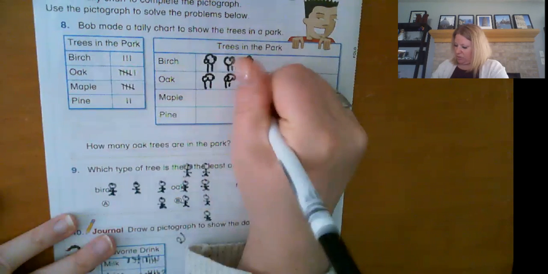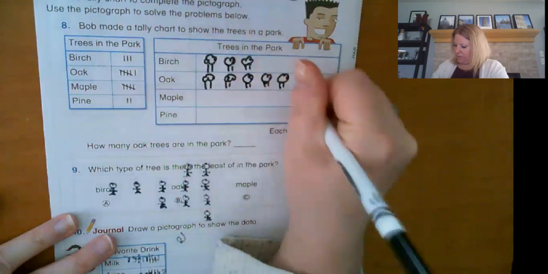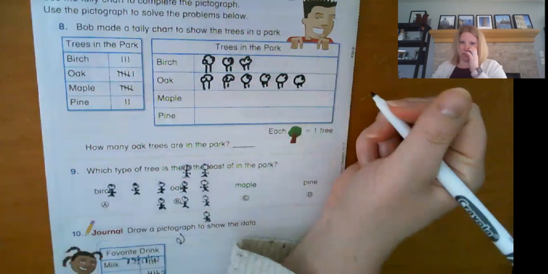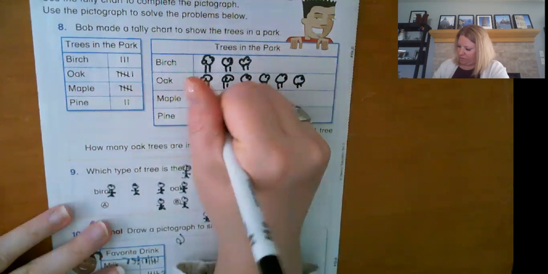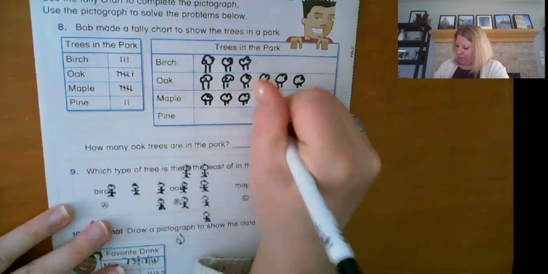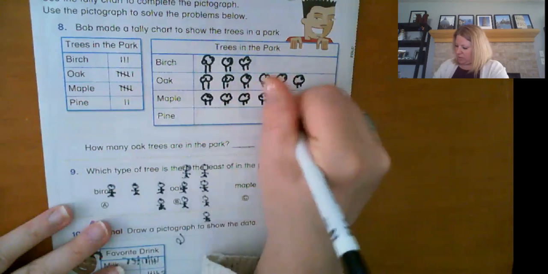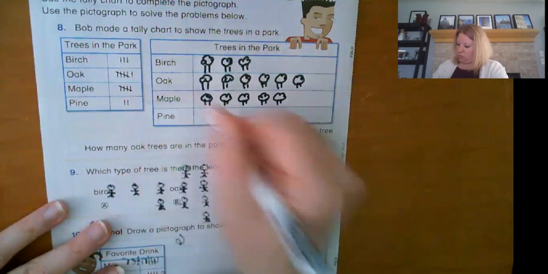We have 2, 3, 4, 5, 6 trees there. For maple, I have a bundle of 5. 1, 2, 3, 4, 5. And pine, I have 1, 2.